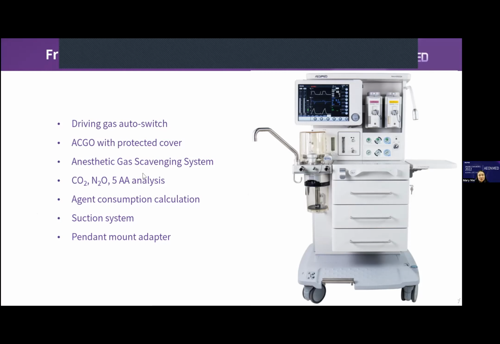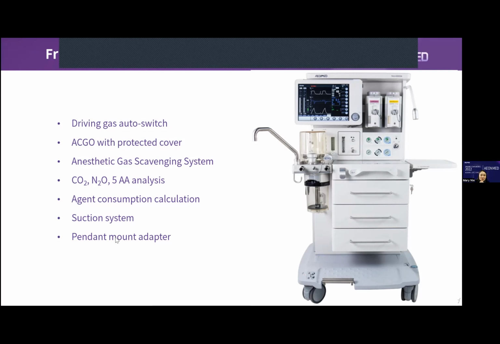And AGSs, we have the passive one and the active one too. This just depends on whether we have a central vacuum in the OR. If we have it, of course, we can have the active AGSs. If we do not have it, we can have the passive AGSs to keep our environment in the OR clean and safe enough.